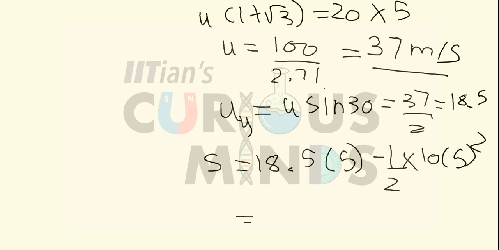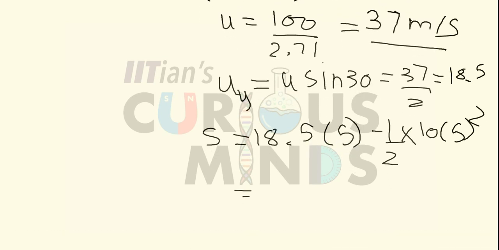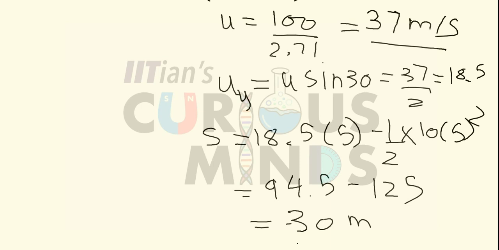So 18.5 into 5 is roughly 92.5, minus 5 into 5 square, which is 125. If I calculate the value, it will be approximately minus 30 meters. This is the height of the tower, and the initial velocity is 37 meters per second.